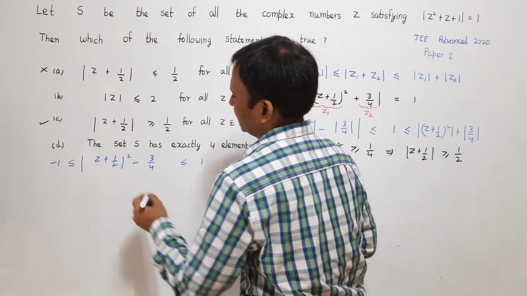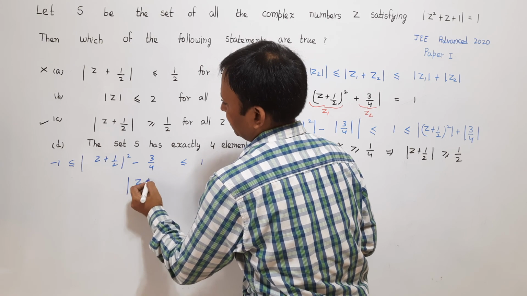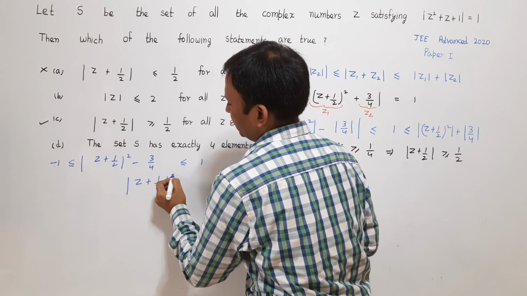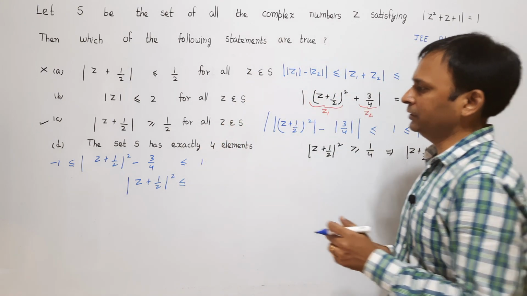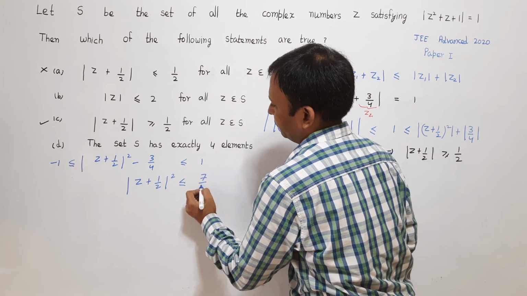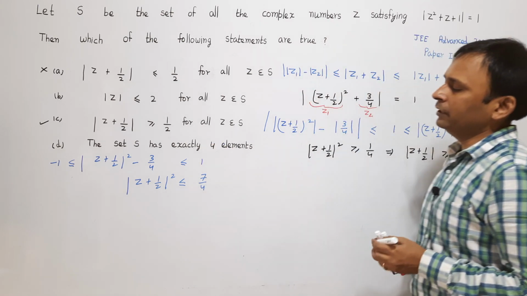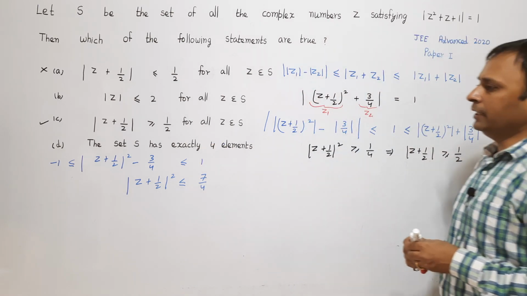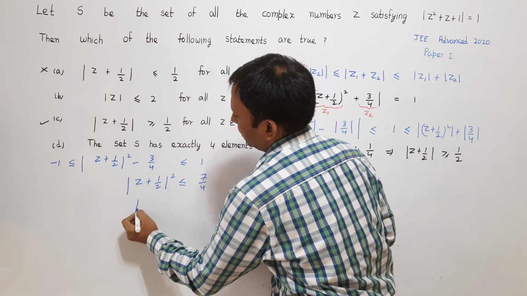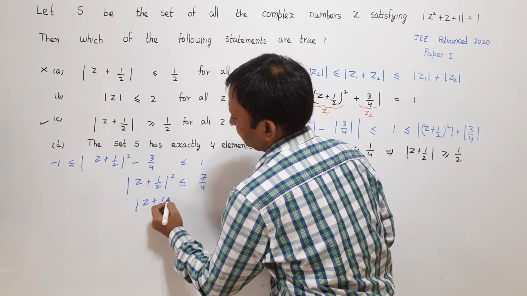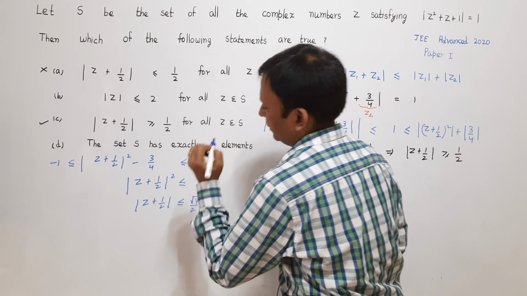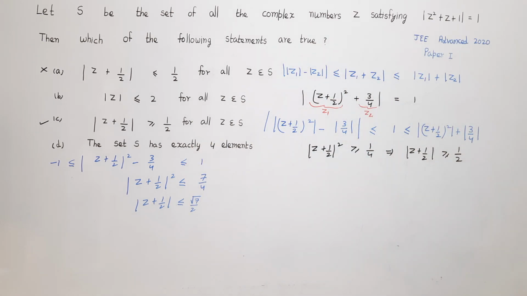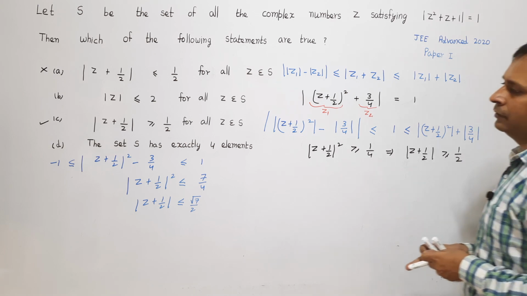So what I get is mod of (z plus 1 by 2) whole square is less than or equal to 1 plus 3 by 4, that is equal to 7 by 4. Now here I can say that mod of z plus 1 by 2 should be less than or equal to root 7 by 2.